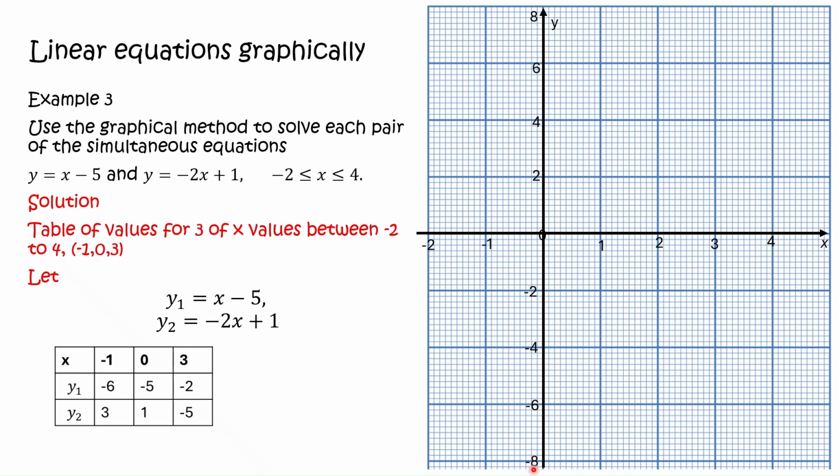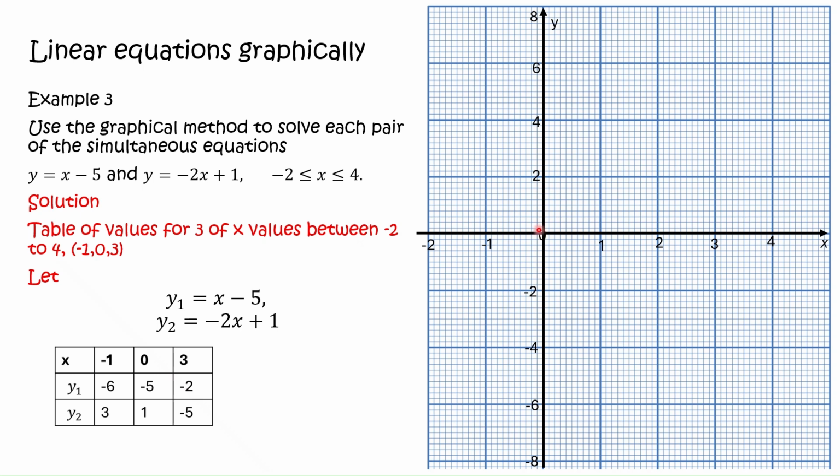So we can stick to this scale, where 2 centimeters represent 1 unit on the x-axis and 2 centimeters represent 2 units on the y-axis. The next thing would be to plot the points.